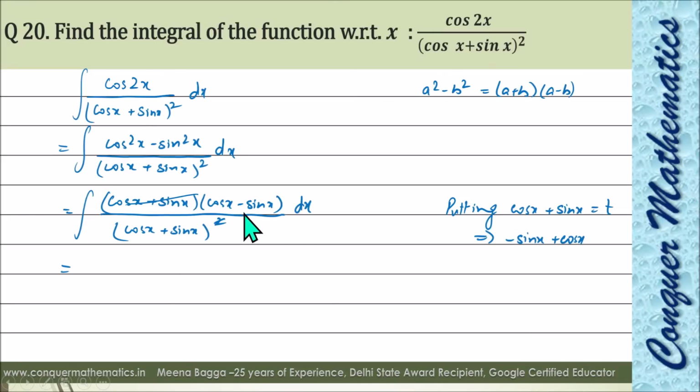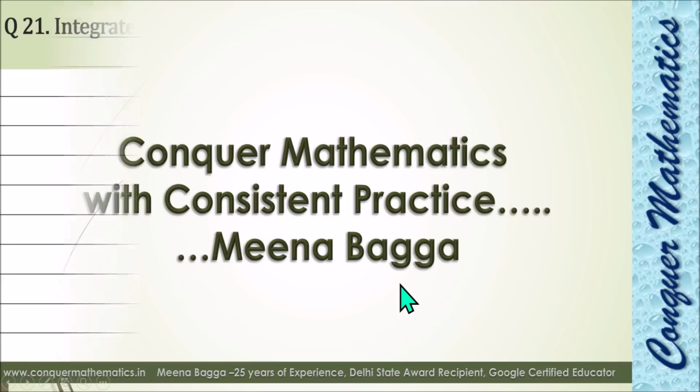And it is here in the numerator. So the function is in the denominator and its derivative is in the numerator. You can even directly write it as log of cos x plus sin x. We have already done it in the first way. You can either do this because the derivative of this is in the numerator. We have seen this last time also. I have shown you. Okay, so you can do it in any way you like.